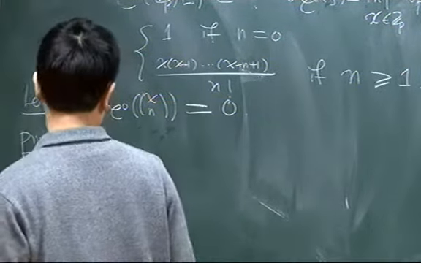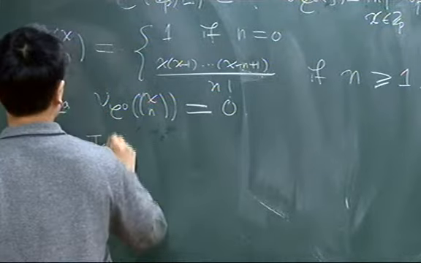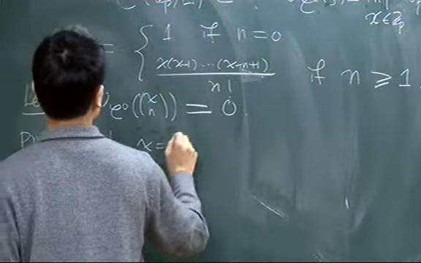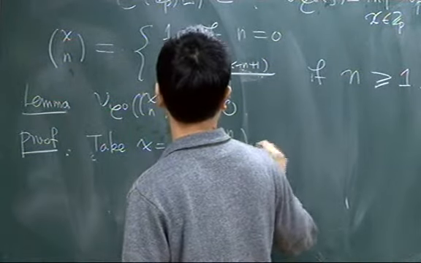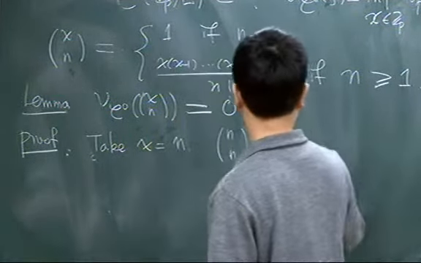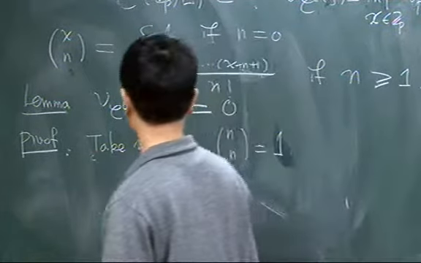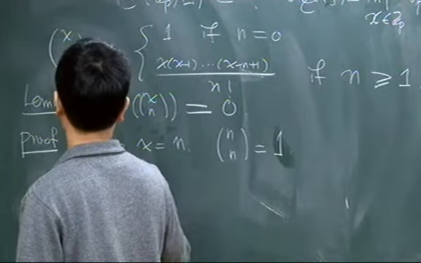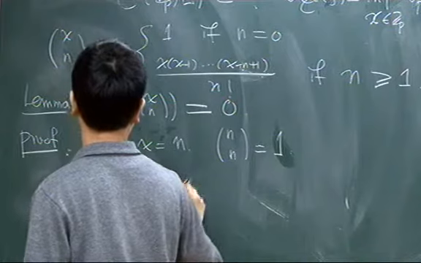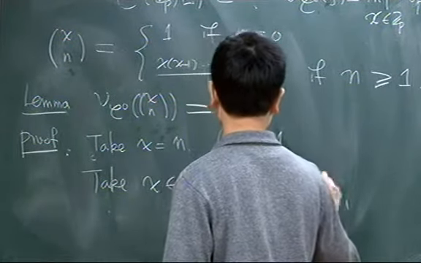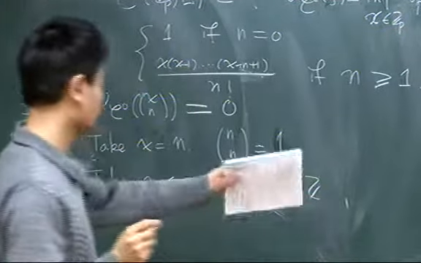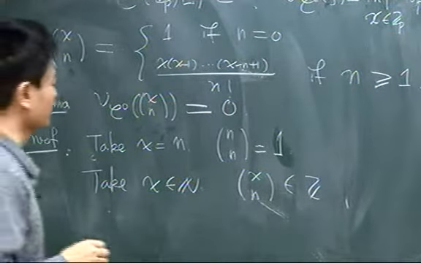You take x equal to n, and you get 1, so the valuation is 0. Take x contained in N, then x choose n is contained in Z anyway.